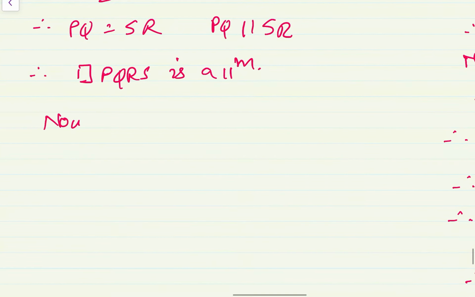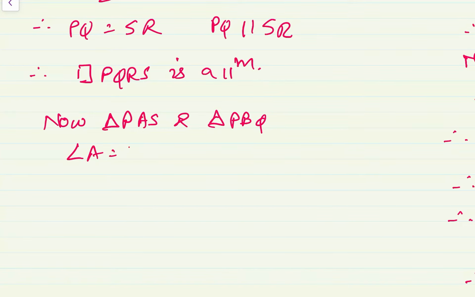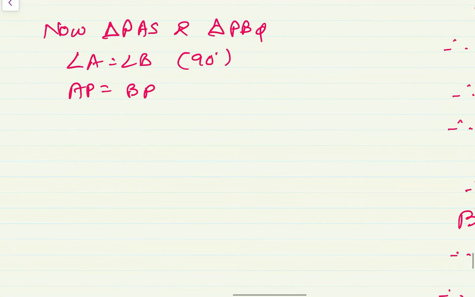Now, in triangle PAS and triangle PBQ, angle A is equal to angle B, which is 90 degrees, and AP is equal to BP because P is the midpoint.